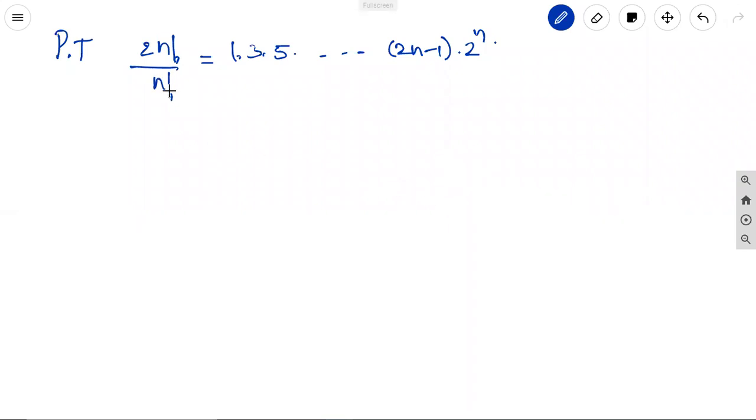Prove that (2n)!/n! = 1 × 3 × 5 × ... × (2n−1) × 2^n. Here we take the LHS.